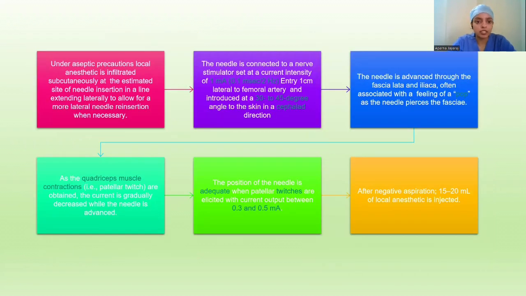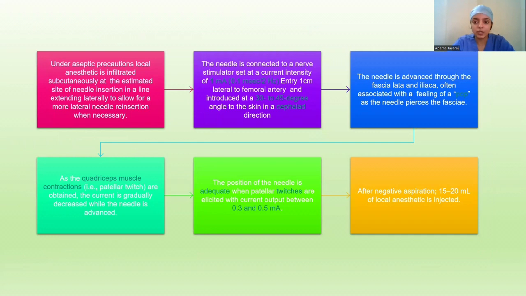Under all aseptic precautions, local anesthetic is infiltrated subcutaneously at the estimated site of needle insertion. The needle is connected to a nerve stimulator set at a current of 1 to 1.5 milliampere. Entry is 1 centimeter lateral to the femoral artery, and the needle is introduced at a 30 to 45 degree angle to the skin in a cephalad direction.